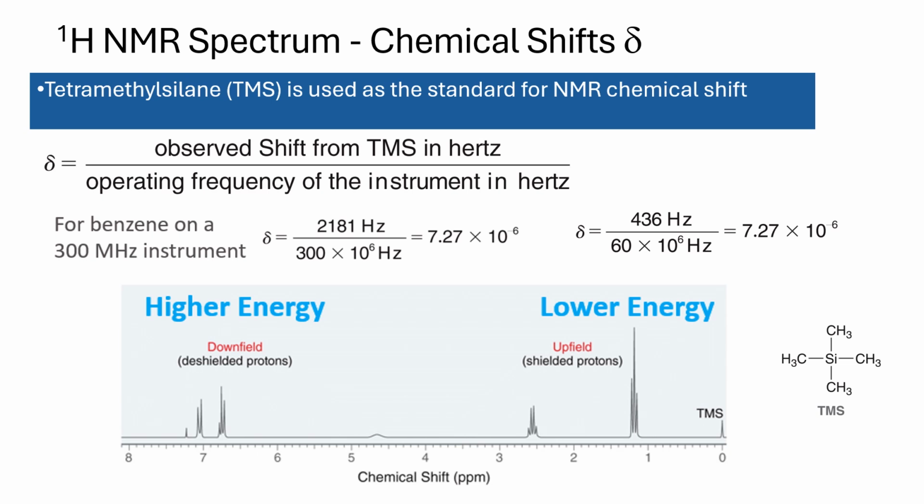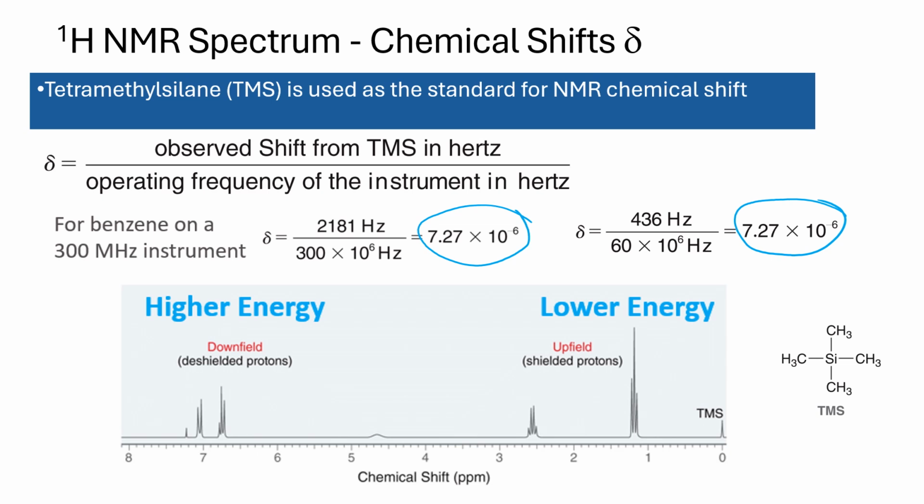Now, observe signals, regardless of the instrument that you use, we have normalized the chemical shift so that you divide always the frequency where you observe the signal over that of the instrument. So this number, notice, is the same for aromatic hydrogens, the same in 300 megahertz or in the 60 megahertz.